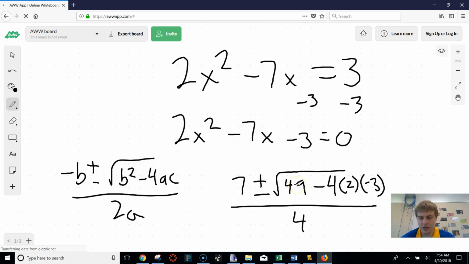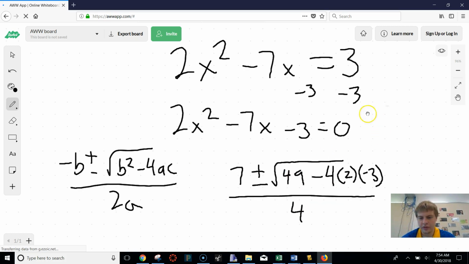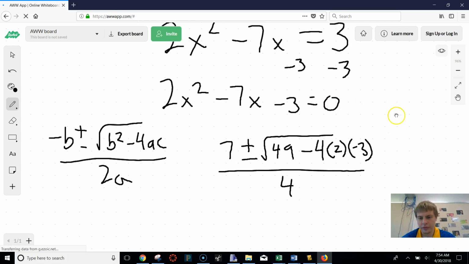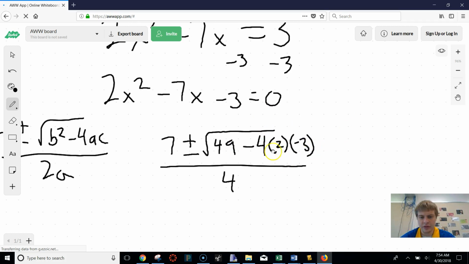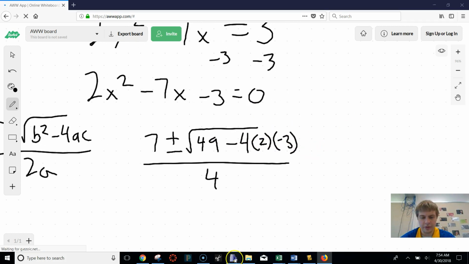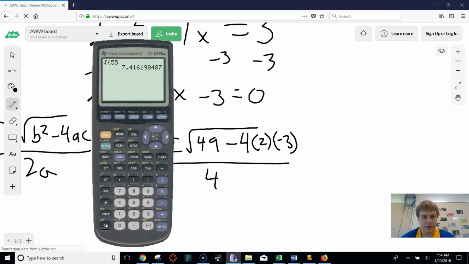Now from this stage, I would like to know what's underneath that square root. So I'm going to plug all this that's underneath my square root into my calculator. So that would be 49 minus 4 times 2 times negative 3.